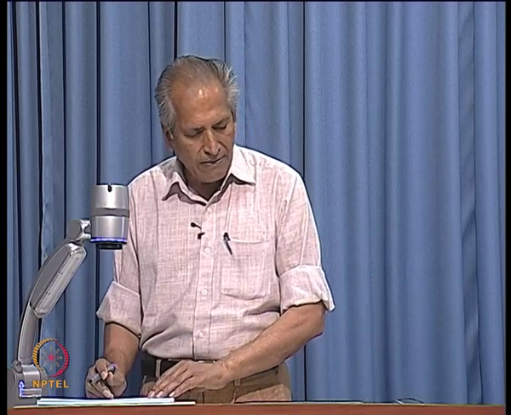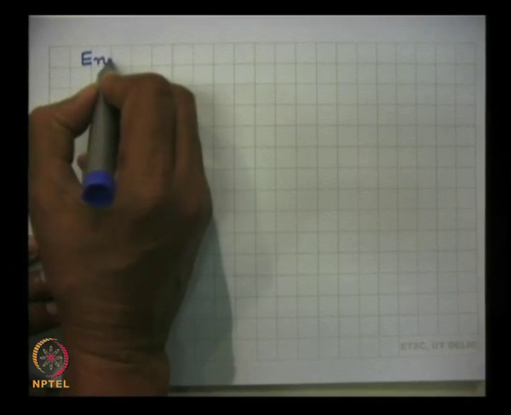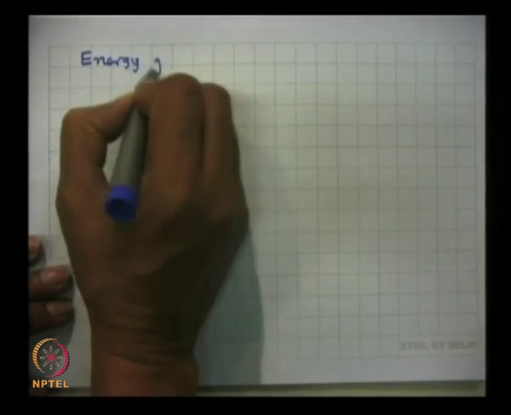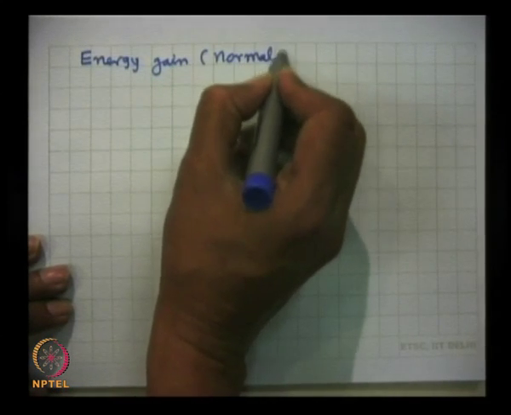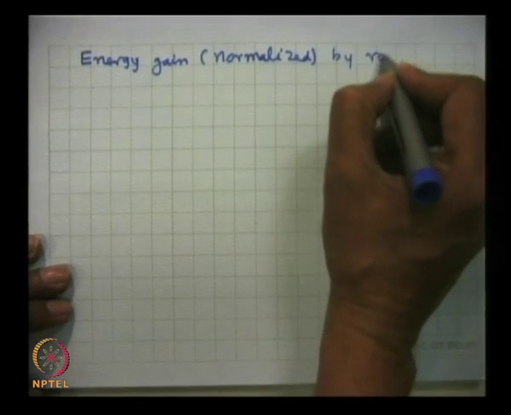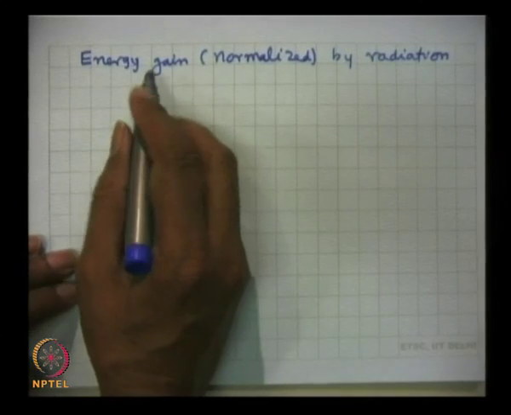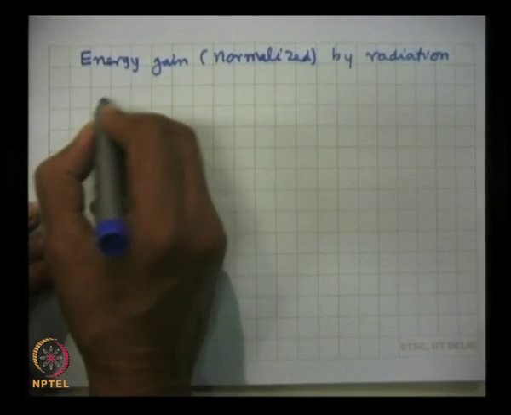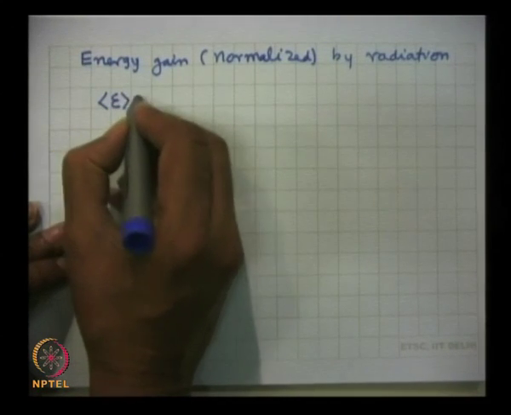This can be done easily, and the result turns out to be the energy gain by radiation, energy gain normalized by radiation. This quantity, let me call energy gain maybe delta E per particle.